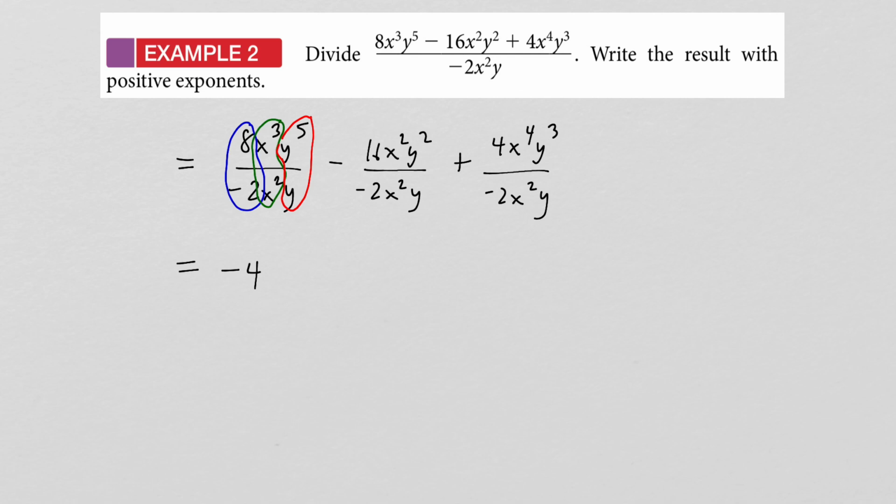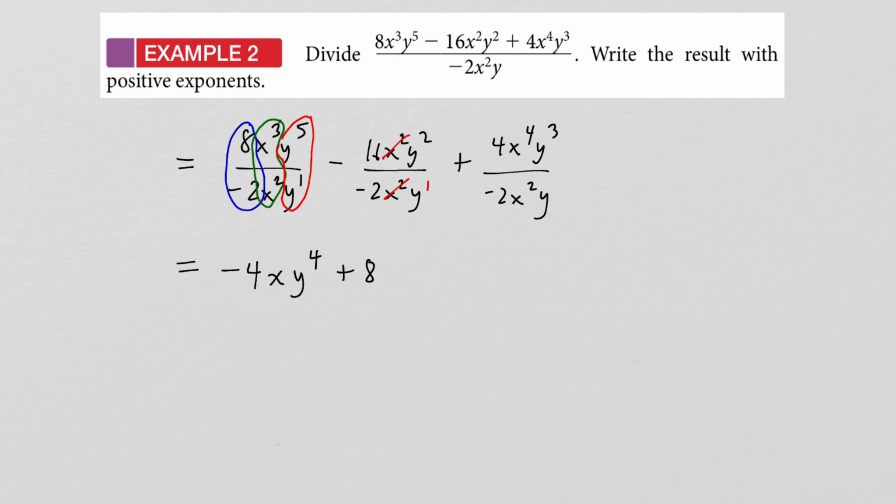And so for the x here, we have x to the 3 minus 2, which is x to the 1. And we have y to the fifth divided by y to the 1, so that's going to be y to the 5 minus 1 is 4. Next, we have negative 16, but divided by negative 2, that's going to end up being positive 8. Notice here that x squared and x squared cancel out completely.